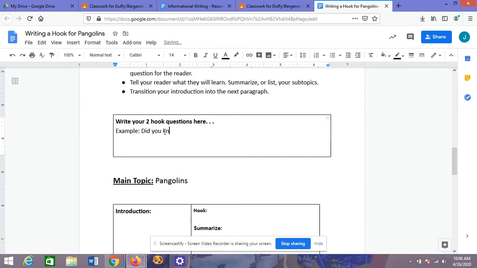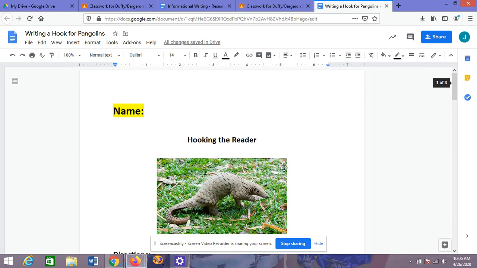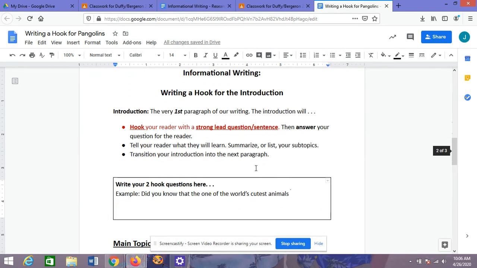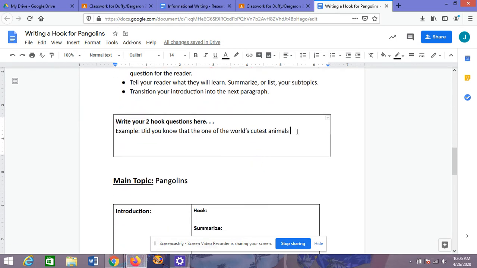Did you know that one of the world's cutest animals, and the fact that the pangolin's cute, that's an opinion, but that's okay, as long as I'm stating something that's factual too.